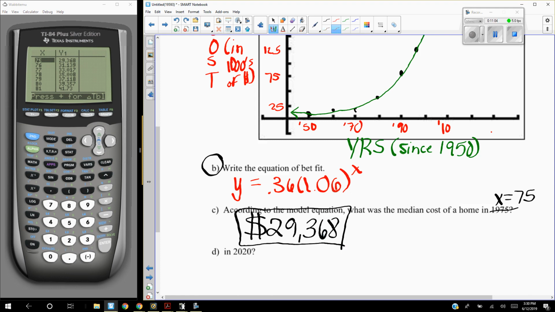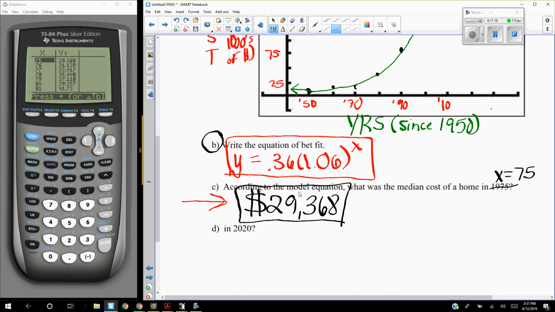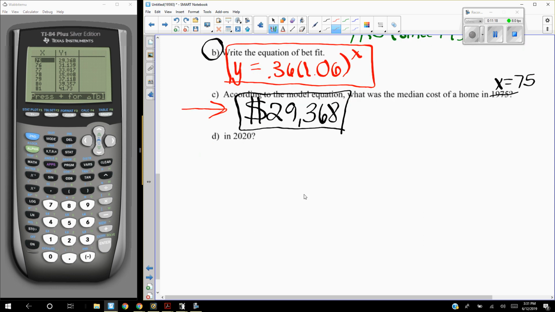So again, if you typed in this equation for Y equals instead of the full equation with all the decimals, your answer is going to be off by quite a bit here because you rounded those decimals. We're doing the same thing for part D, except for 2020. This is 120 years after 1900.